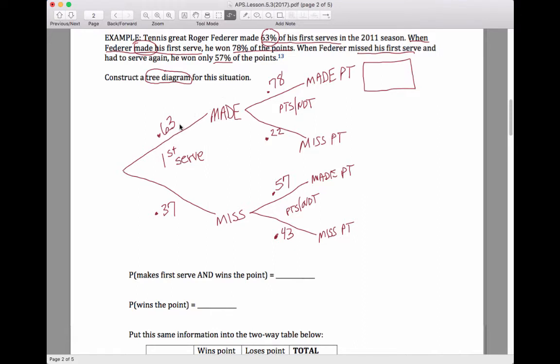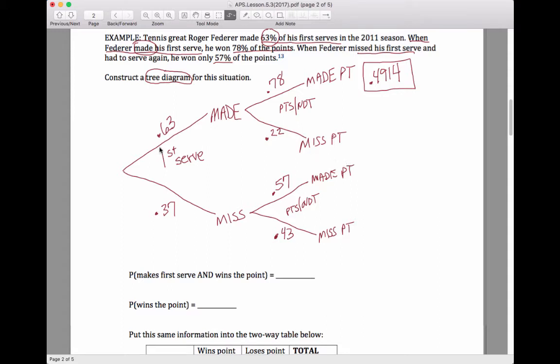If you say it out loud, an and problem is a multiplication problem. Because this is a conditional probability, you just multiply them together. 0.63 times 0.78: if both of these things have to happen, there's about a 49% chance that both happen in that order.